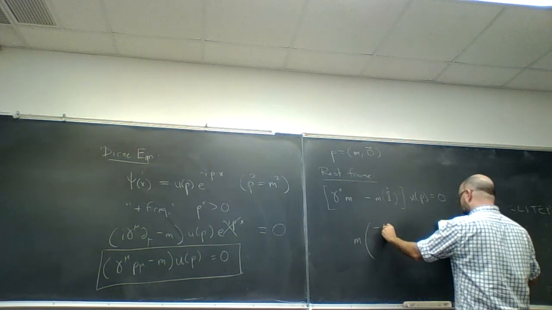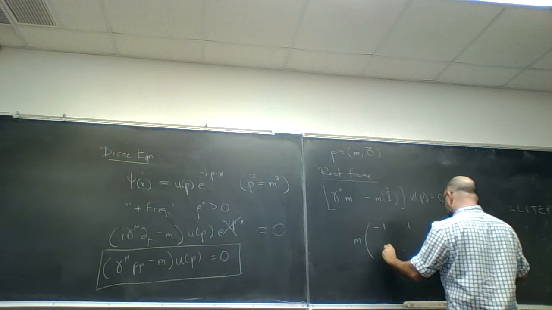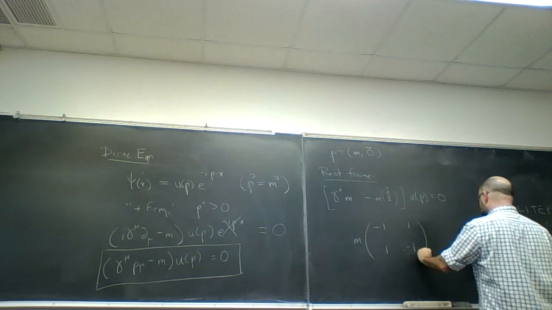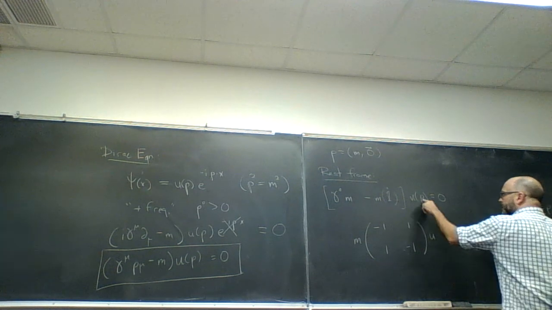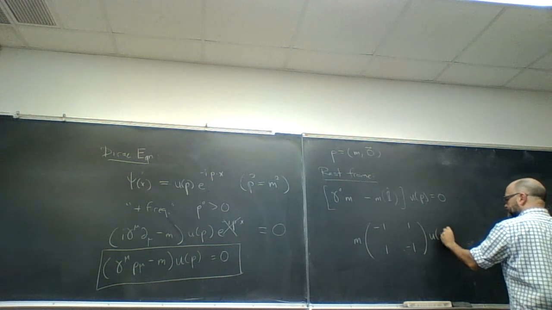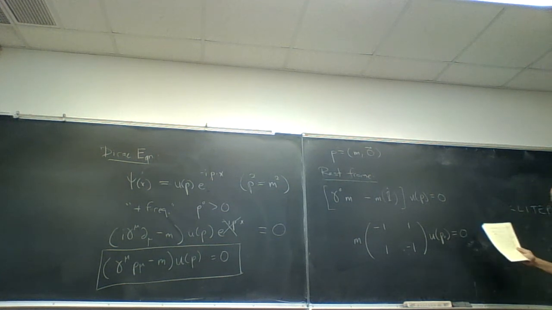And here I get minus 1, 1, 1, minus 1, all operating on u, and actually p here is just p0. That's the only non-zero component.